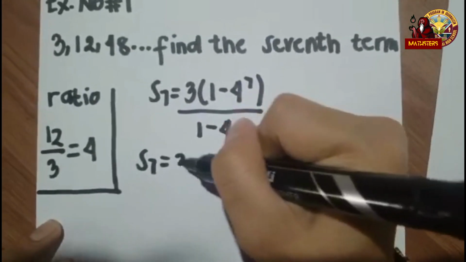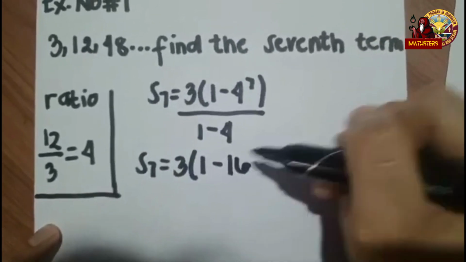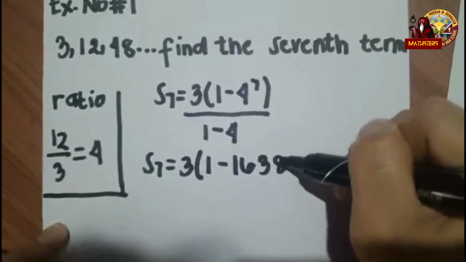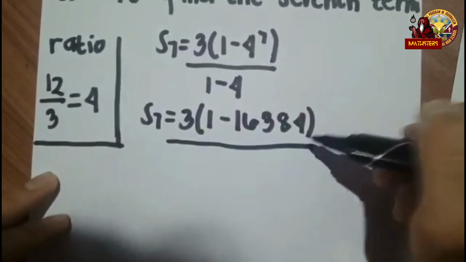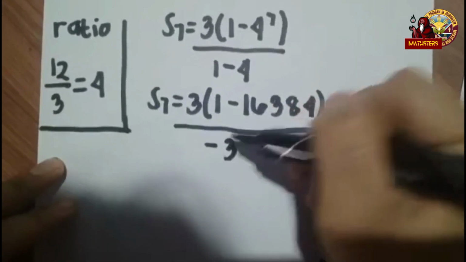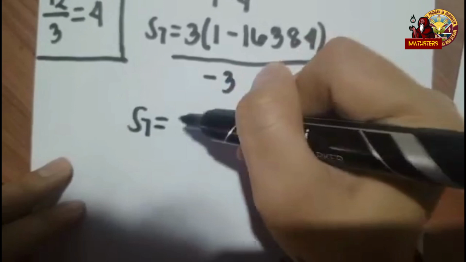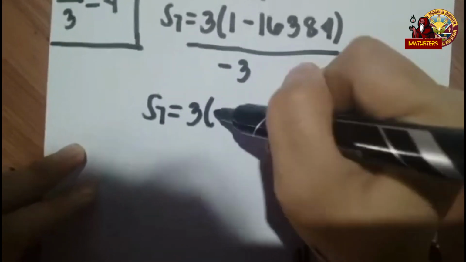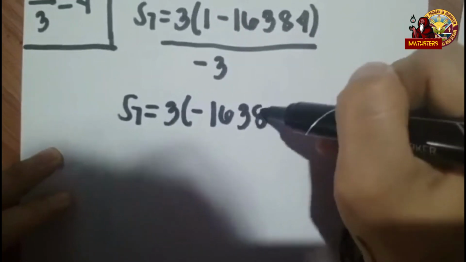Raise 4 to 7 which is 16,384. And subtract natin ang denominator na 4 at 1, so we have negative 3. We will also subtract 1 and 16,384 kaya natin nakuha ang negative 16,383.